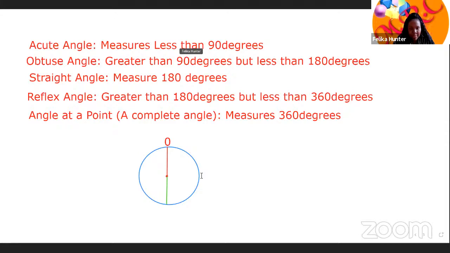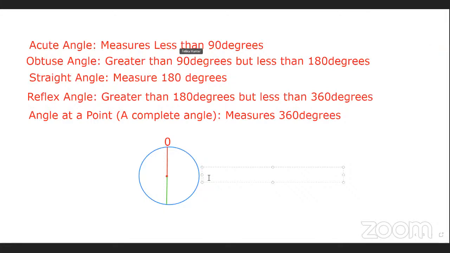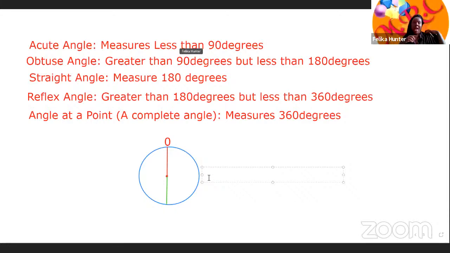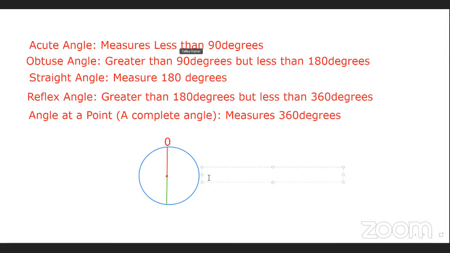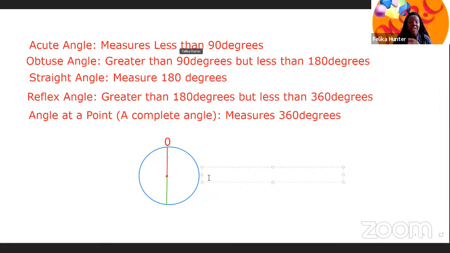Here at this mark, how much do you think we're going clockwise? How much do you think this would be? And pay attention to these words, because you're gonna need them again. So we're going clockwise, going the way the clock goes. And if it's not clockwise, when we go the opposite way, what do we call that? Anti-clockwise. All right, good. Pay attention to those words because you're gonna need them in coming lessons.